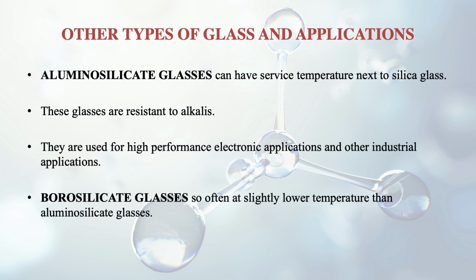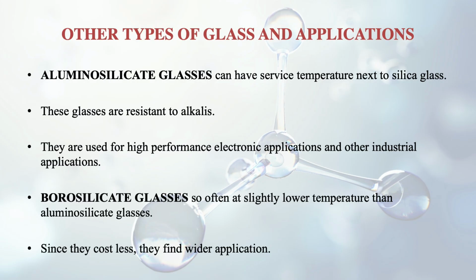Then we have the borosilicate glass, which softens at a slightly lower temperature than aluminosilicate glasses. So we are seeing there is a hierarchy. From silica glass we move down to a certain lower temperature, we get alumina silicate. Then from alumina silicate we move down, we get borosilicate. So this borosilicate actually costs less, so it finds wider application.